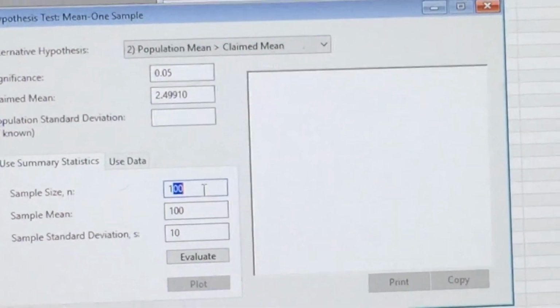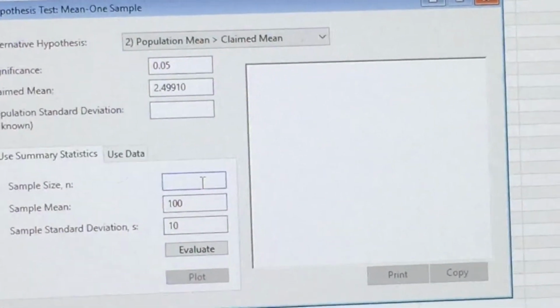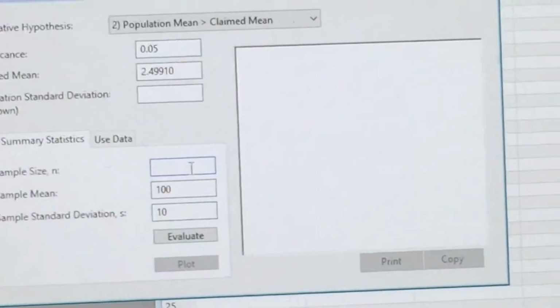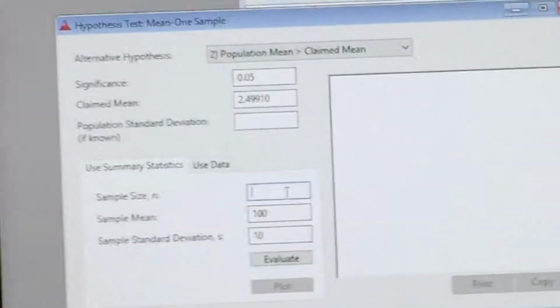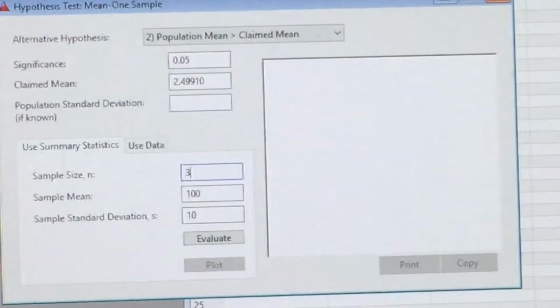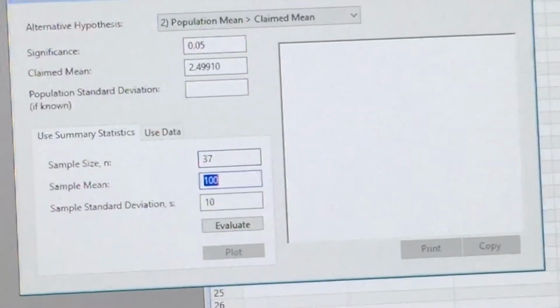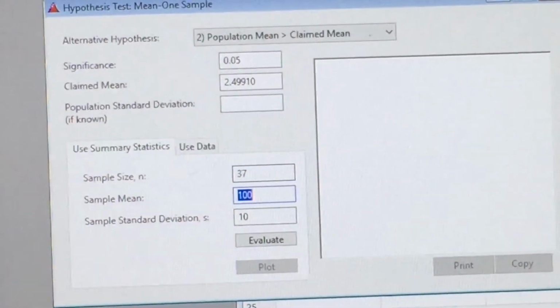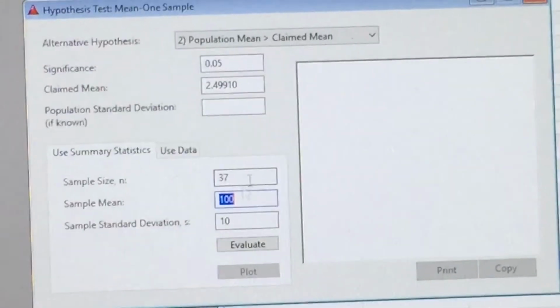So we're going to go down to our sample size. The sample size was 37 pennies, so we're going to type in 37. Go down to sample mean. And I need to make a correction here.